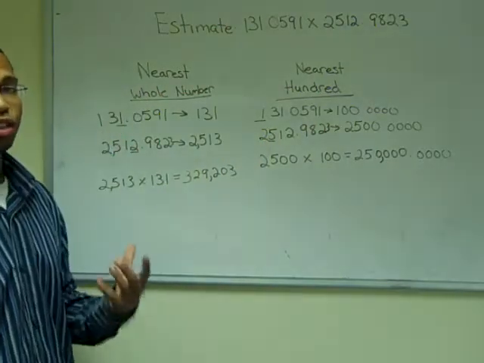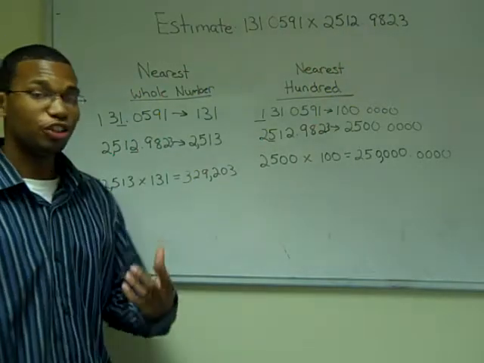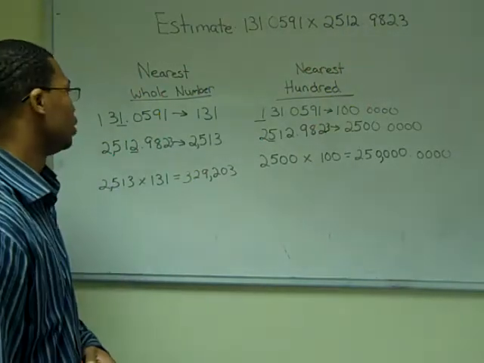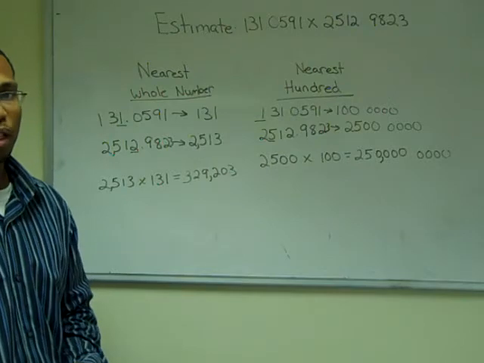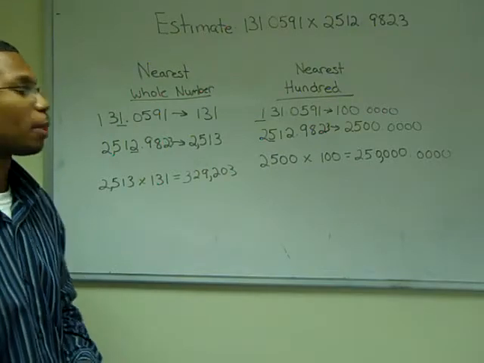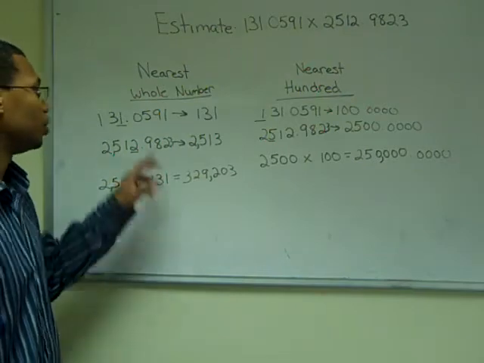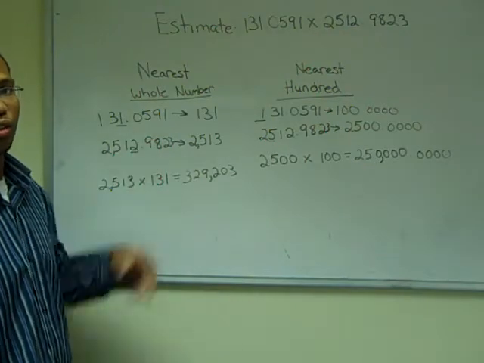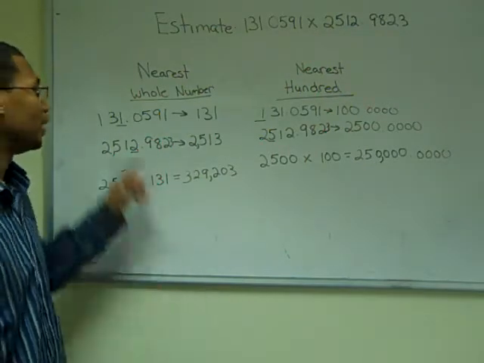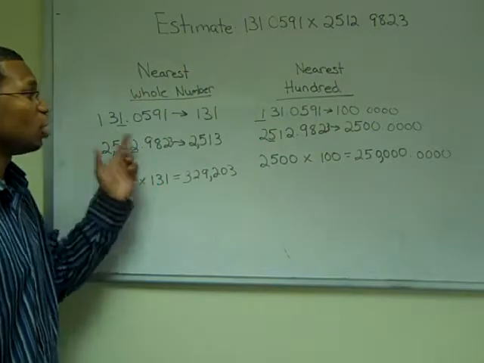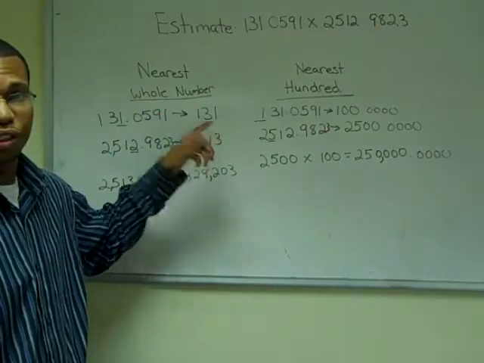So in the number 131 and 591 10,000ths, the rounding digit would be the ones value. So the digit immediately right to the 1 would be the 0. Since 0 is less than 4, that means that the 1 will stay the same, and thus our whole number is 131.